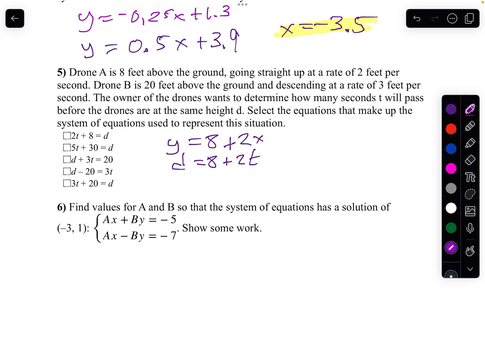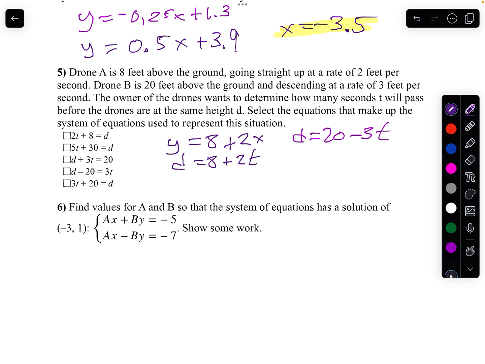Now, my second equation says drone B is 20 feet above the ground and it's descending at 3 feet per second. Well, notice my first choice is just my first equation.